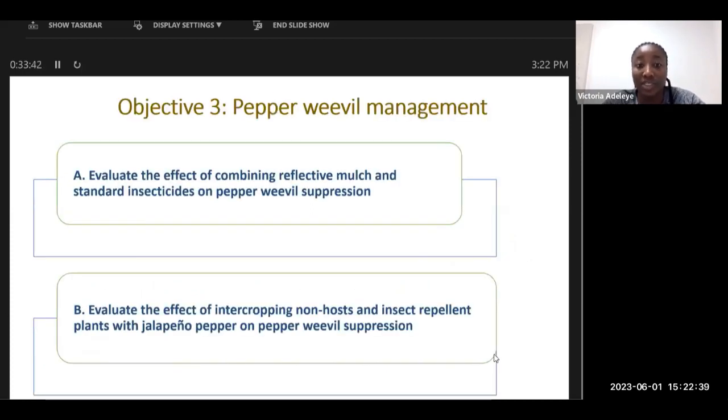So my third objective was to evaluate pepper weevil under different management regimes. The first one here is to evaluate the effect of combining reflective mulch and standard insecticide on pepper weevil suppression. The second was to evaluate the effect of intercropping non-host and insect repellent plants with jalapeno pepper on pepper weevil suppression.